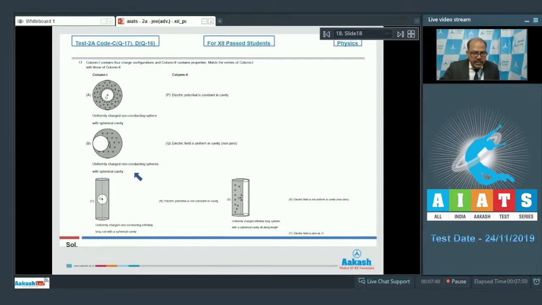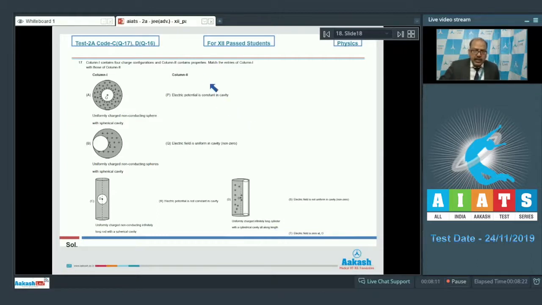B has a uniformly charged non-conducting sphere with spherical cavity. In C we have a uniformly charged non-conducting infinitely long rod with a spherical cavity, and D has uniformly charged infinitely long cylinder with a cylindrical cavity all along axis.